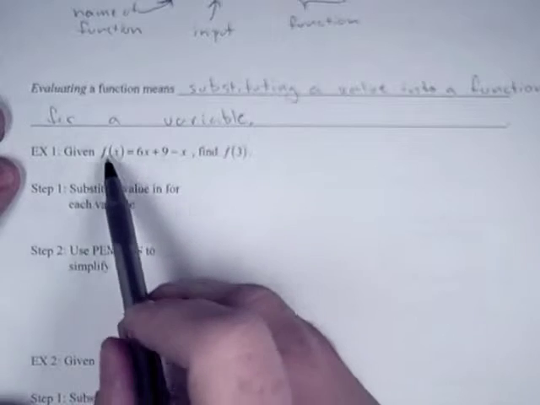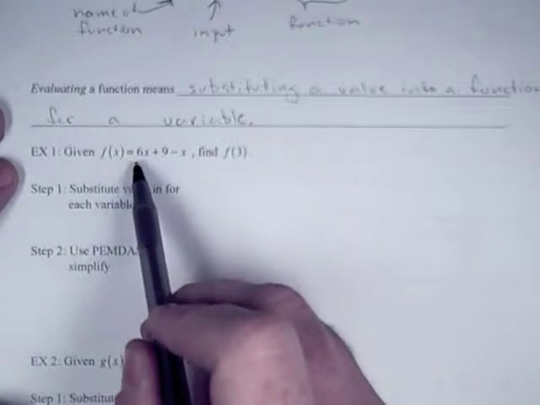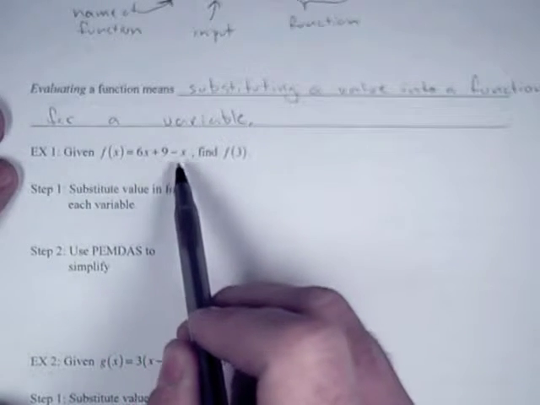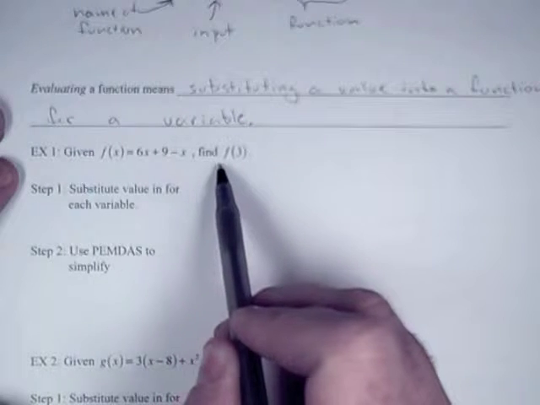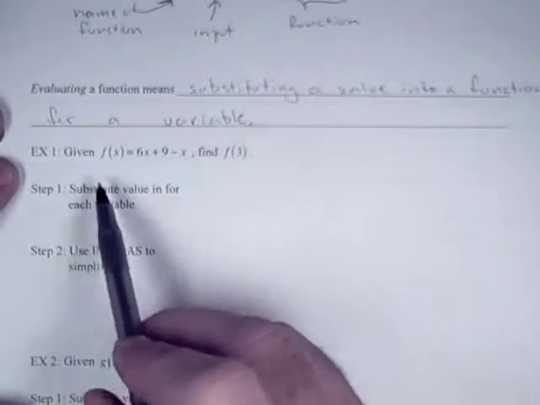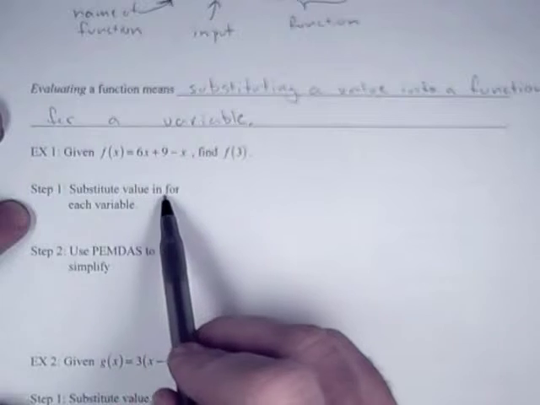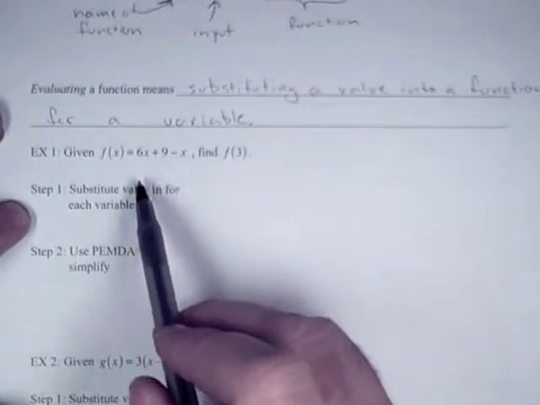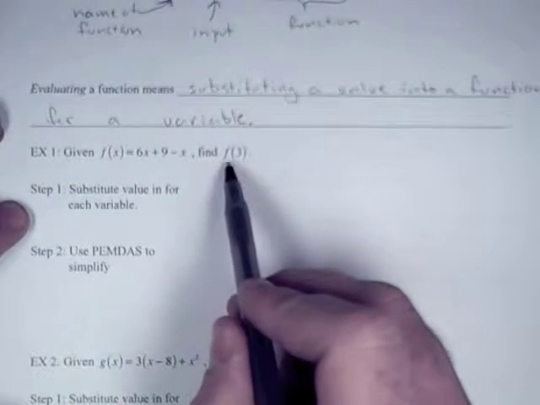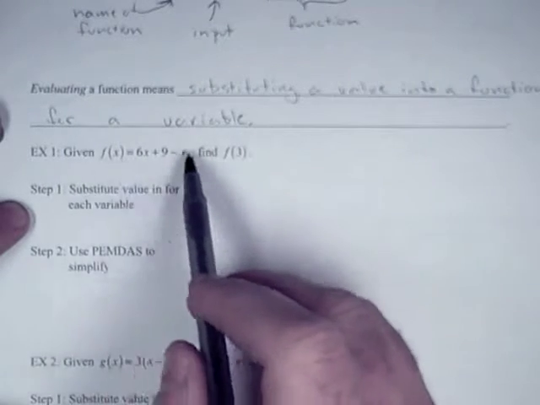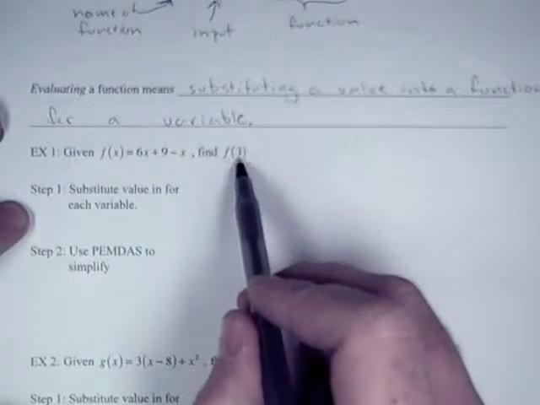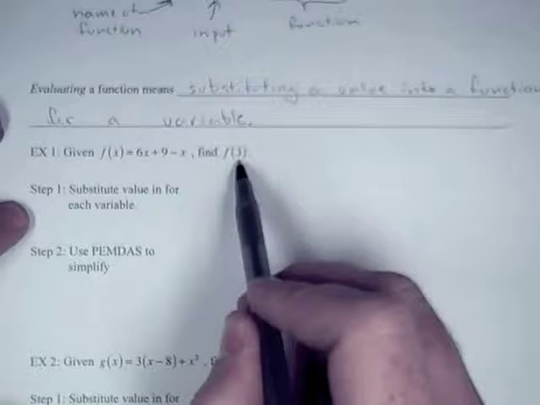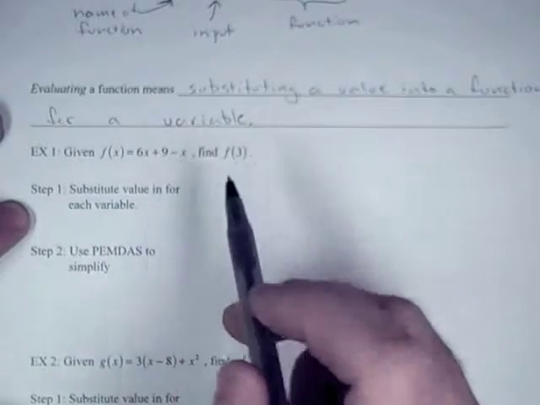Example 1. Given f of x equals 6x plus 9 minus x, find f of 3. Our first step is to substitute the value in for each variable in that function. So this here says take function f, that's this function here, take whatever's inside these parentheses, in this case 3, and plug it into that function.